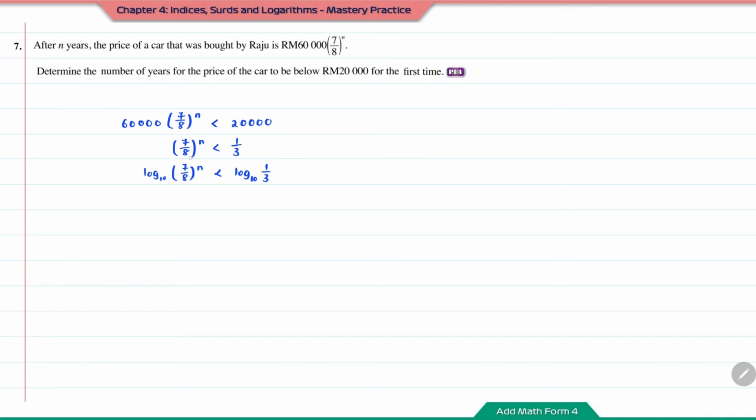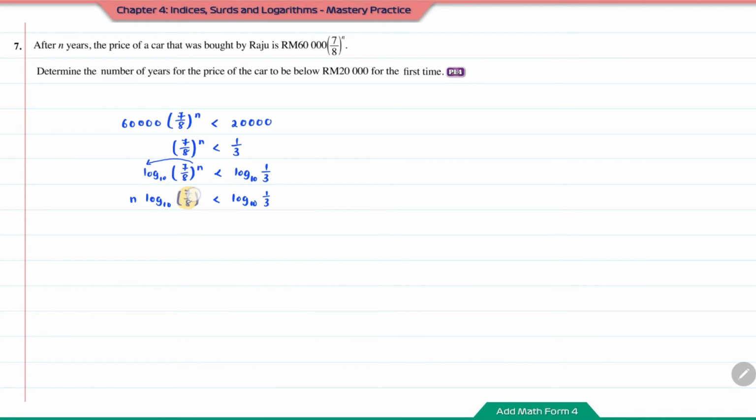So next, using the power law, I'm going to move this power of n to the front. So it's going to be n times log base 10 of 7 over 8. To find the n, I'm going to move this log base 10 of 7 over 8 to the right hand side.